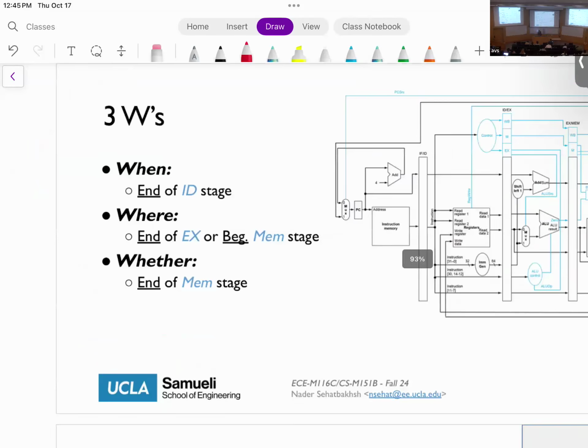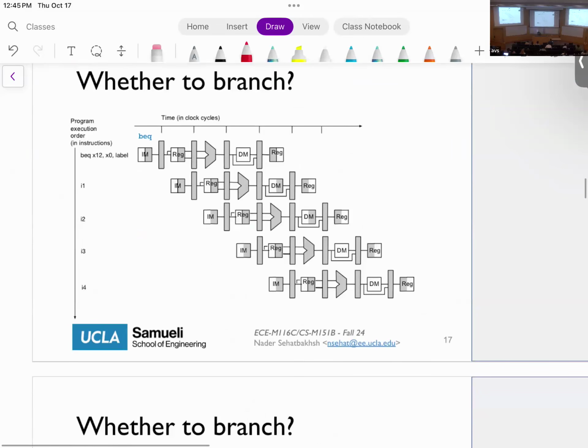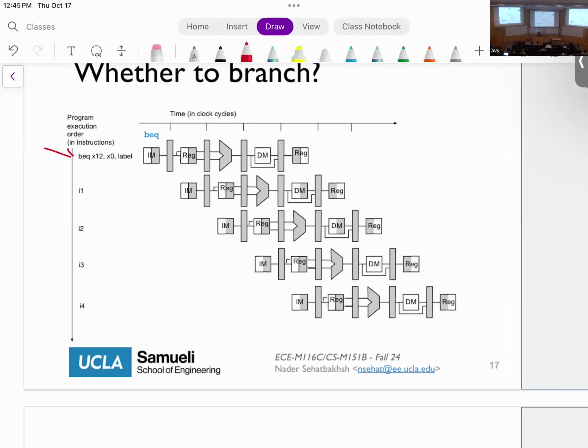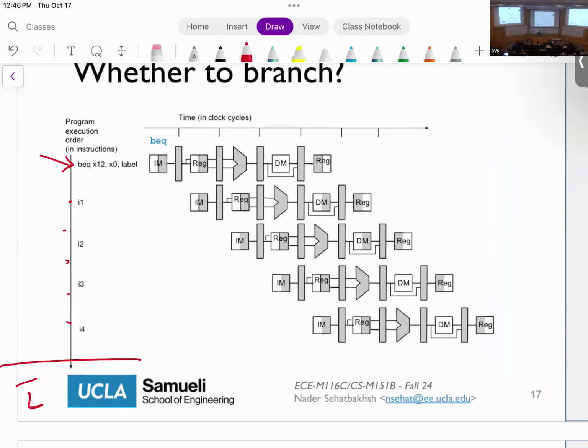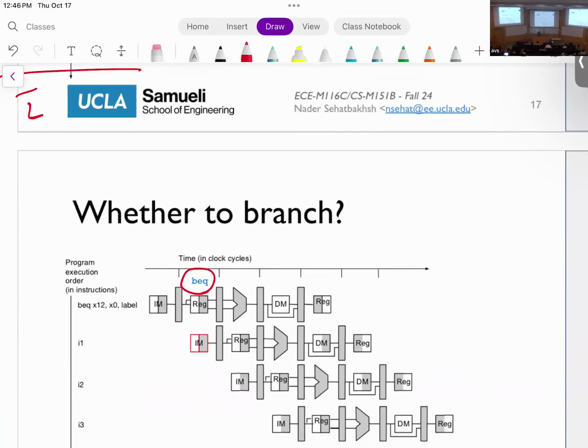So going back to the question that I asked, how long do I need to stall the processor to fetch? Essentially, the idea would be that, let's say I have a branch instruction here and I have a bunch of instructions here. I show them as I1, I2, whatever they are, doesn't matter. And let's say the label is somewhere down here, after all of these instructions. So if I look into my pipeline timeline, the branch instruction is going to be fetched. The branch instruction goes to the decode stage.